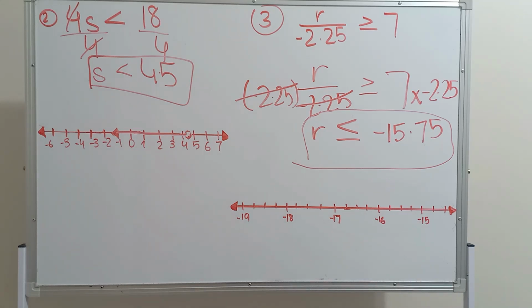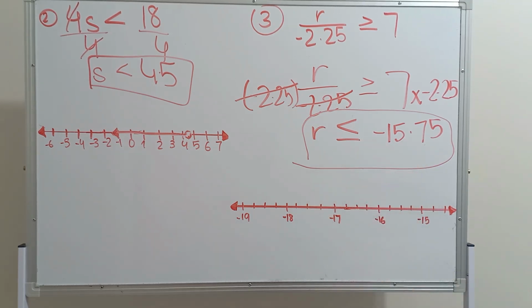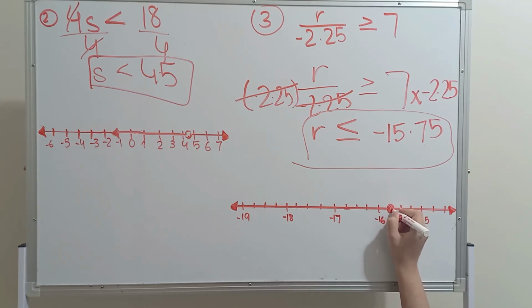Now, negative 15.75. So here we have negative 15, this is going to be negative 15.25, 15.50, and now we have a less than or equal to sign, so it's going to be a full color circle. And it says r is less than or equal to negative 15.75.